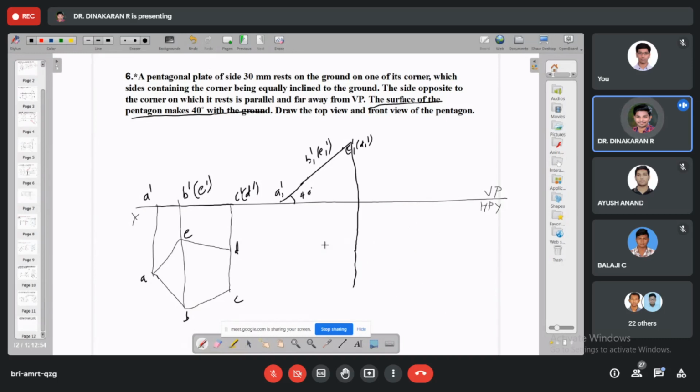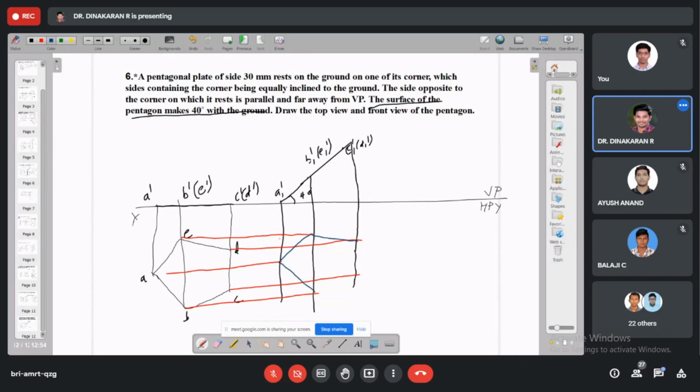So up to this, you know very well this projection. A1, B1, C1, D1, E1.